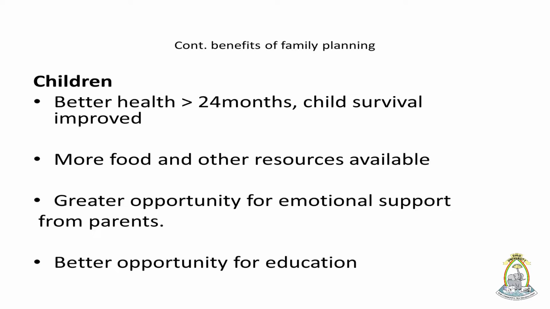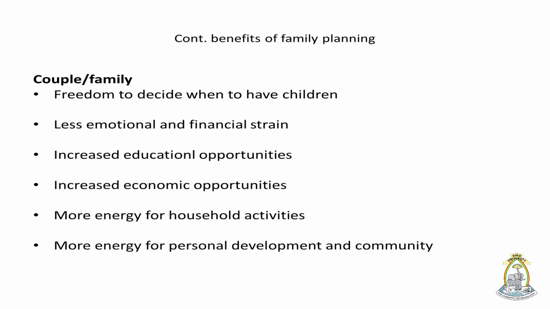Greater opportunity for emotional support, better education. If you're many, of course, you have to be taken to a school that your parents can afford. But if you are not, maybe your parents can afford a better school or can even push you further to go further with your education.